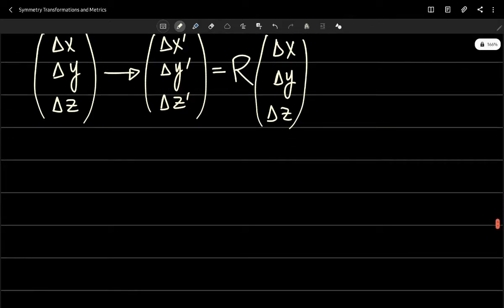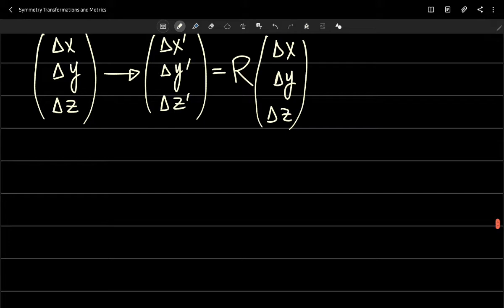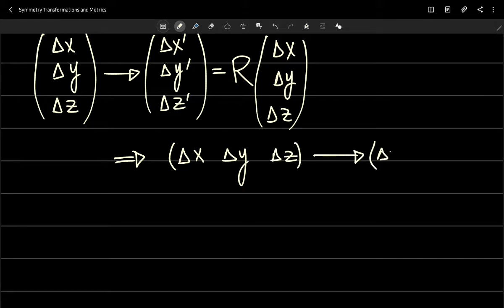Now, this actually implies that your row matrix, that is delta x, delta y, delta z, transforms as delta x prime, delta y prime, and delta z prime, right?